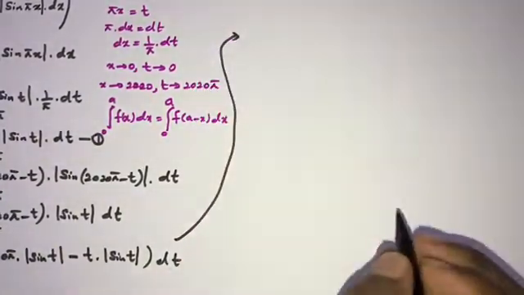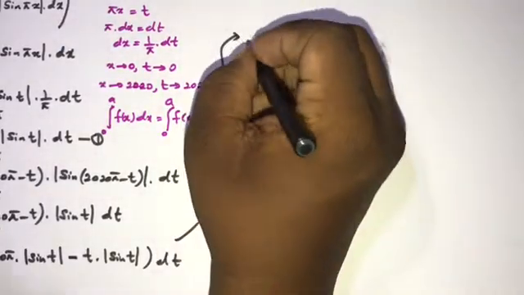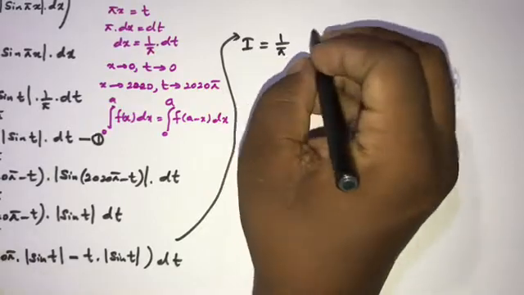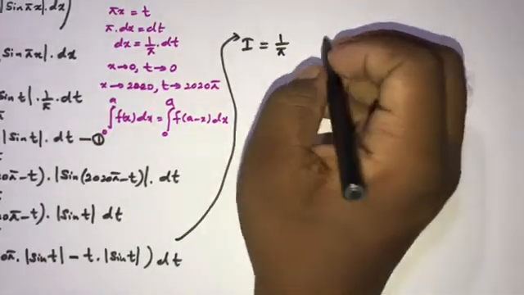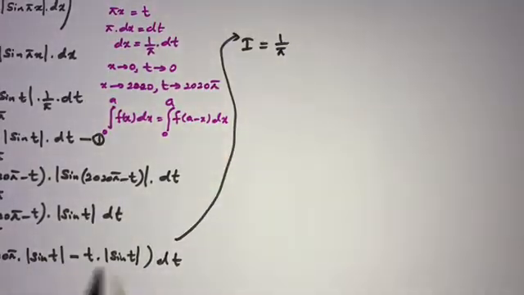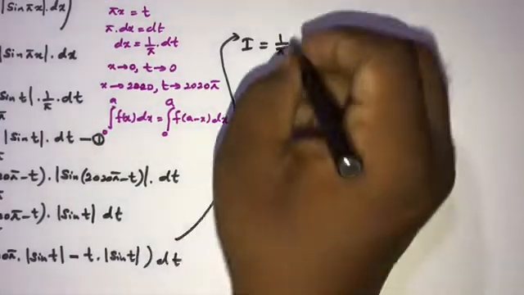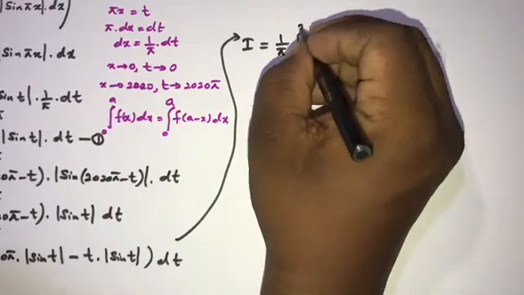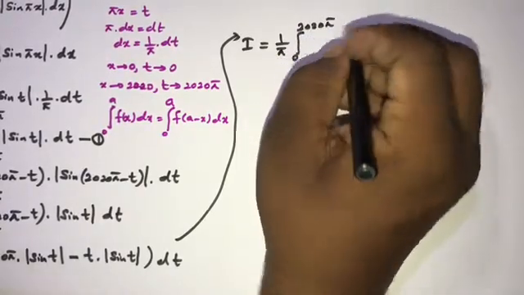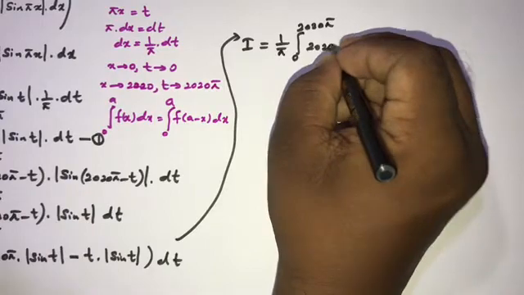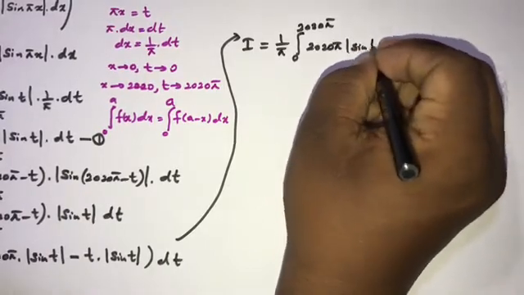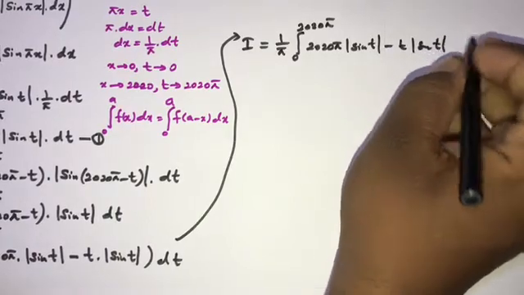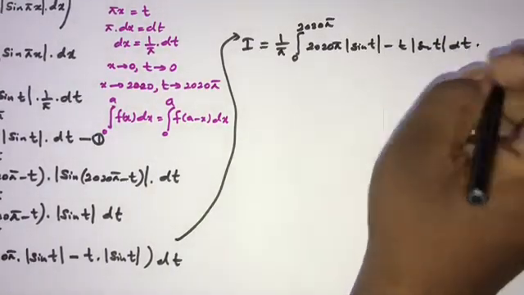Okay, then I write here. Now we have I is equal to 1 over pi, integral from 0 to 2020 pi of 2020 pi absolute value of sine of t minus t absolute value of sine of t dt.